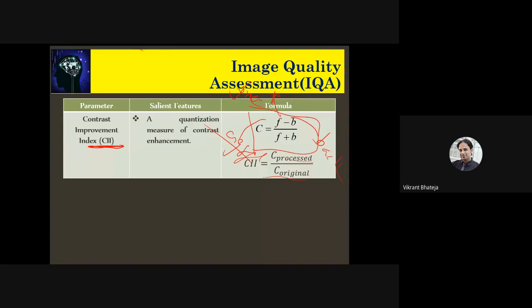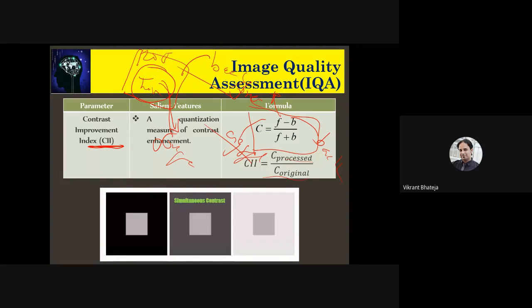That means, suppose we have a tumor region, say this is your tumor region and this is your region of interest. Now I am not calculating contrast for the full image. I am just calculating C for this region, which is our foreground, and this region, which is our background. So this is a very small change of concept, and this is known as simultaneous contrast.